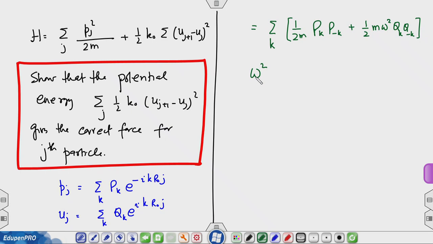This is equal to 4 k_0 sine squared (k a by 2).